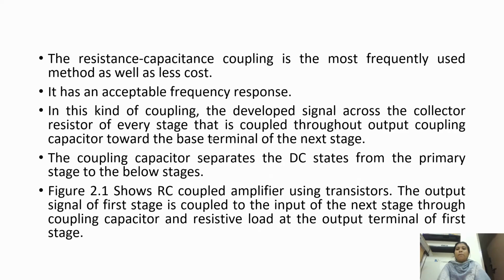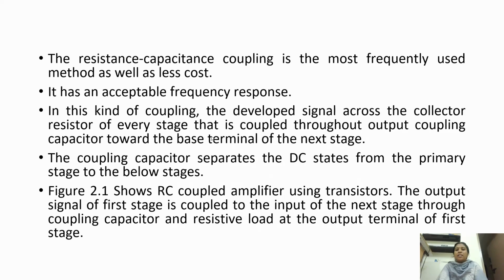The RC coupling method is the most frequently used method and it requires less cost. It has an acceptable frequency response. In this method, the developed signal across the collector resistor of every stage is coupled through the output coupling capacitor to the base terminal of the next stage.